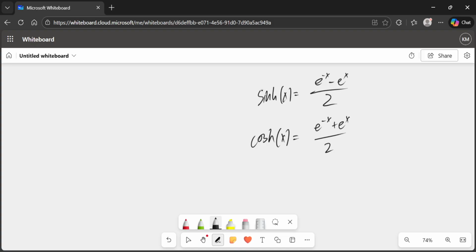Yeah, it's plus for cosh. Obviously, if you take the derivative of sinh, you're going to get cosh. So d dx of sinh x equals cosh x, and that's about as far as you'll go.